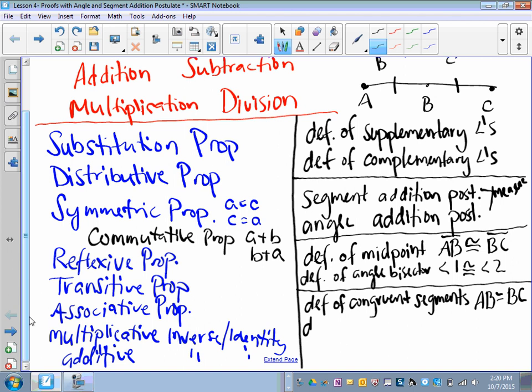And likewise, the definition of congruent angles: we know that the measure of angle 1 would equal the measure of angle 2. So make sure you're careful with your notation. Say measure of angle 1 when you're talking about measure, and when you're talking about measure of a segment, we do not have that line. I think we covered all that.